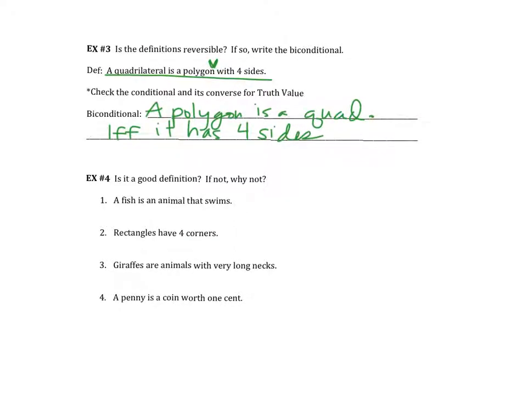All right, so 4 definitions. Tell me if they're good or not. If they're not, tell me why not. Okay? Number 1, a fish is an animal that swims. Good definition? Can you reverse it? If an animal is a fish, then it swims. If an animal swims, then it is a fish. Nope.